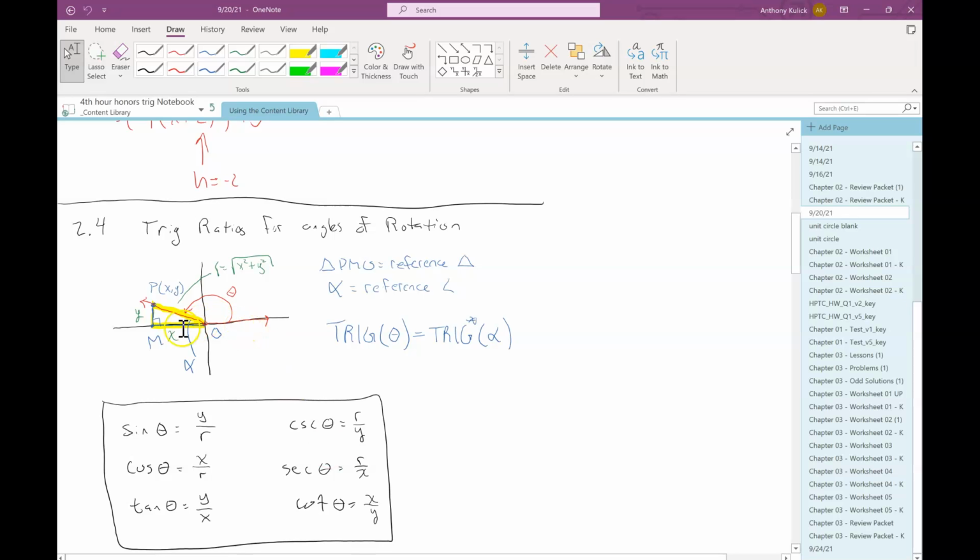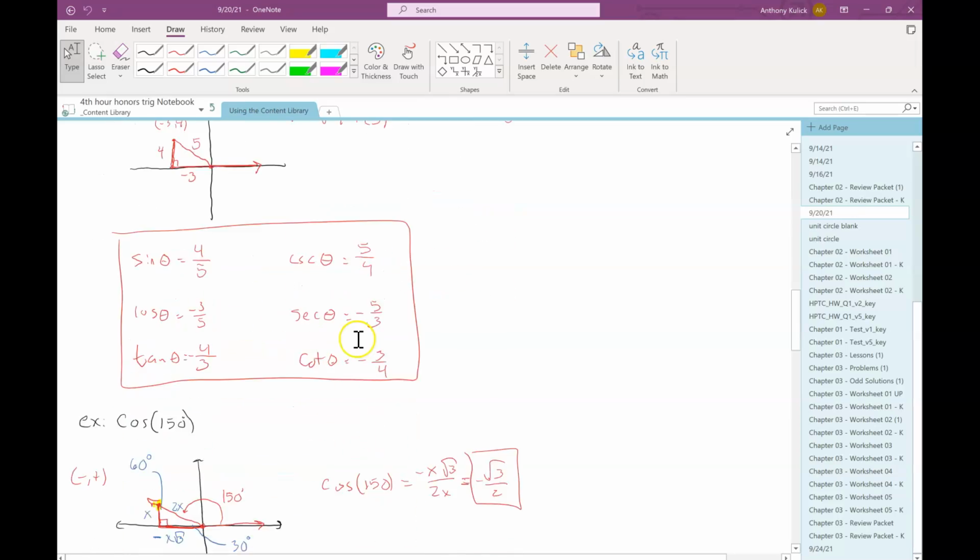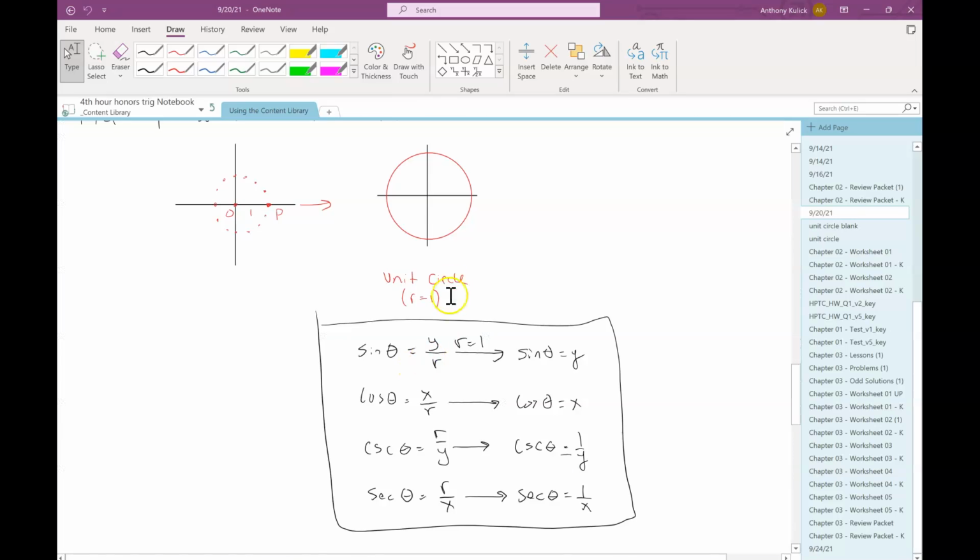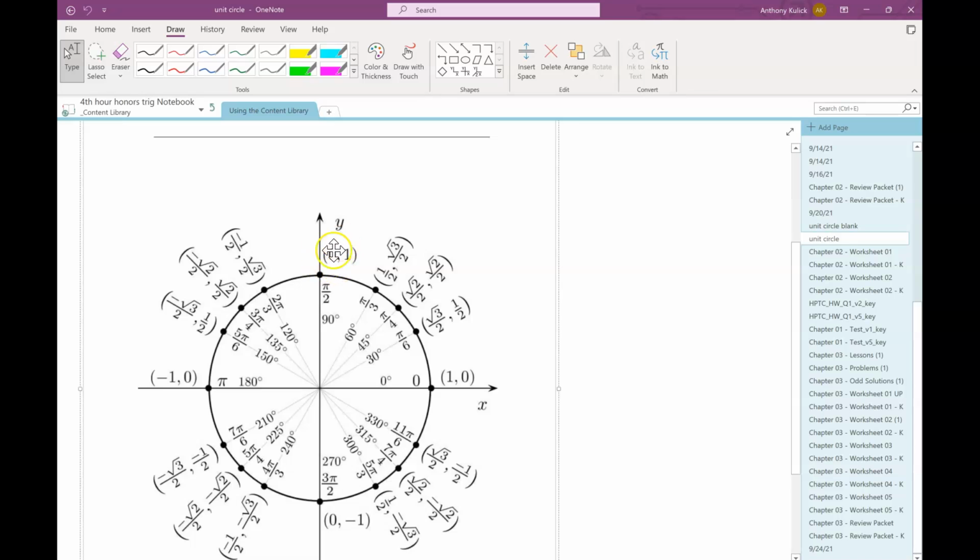And then I say, okay, well, here I just picked P to be arbitrarily anywhere on that terminal side. What if I standardize it so that when I pick that P, it's always 1 unit from the origin? In that case, all of these R's just become 1. So on my unit circle, these points that you're seeing are cosine theta and sine theta, because sine was y over r, but r drops down to 1.